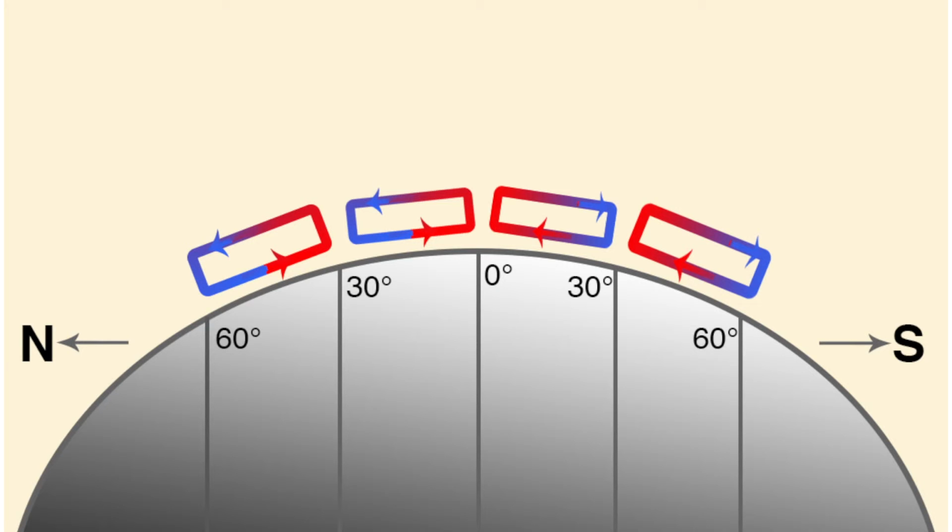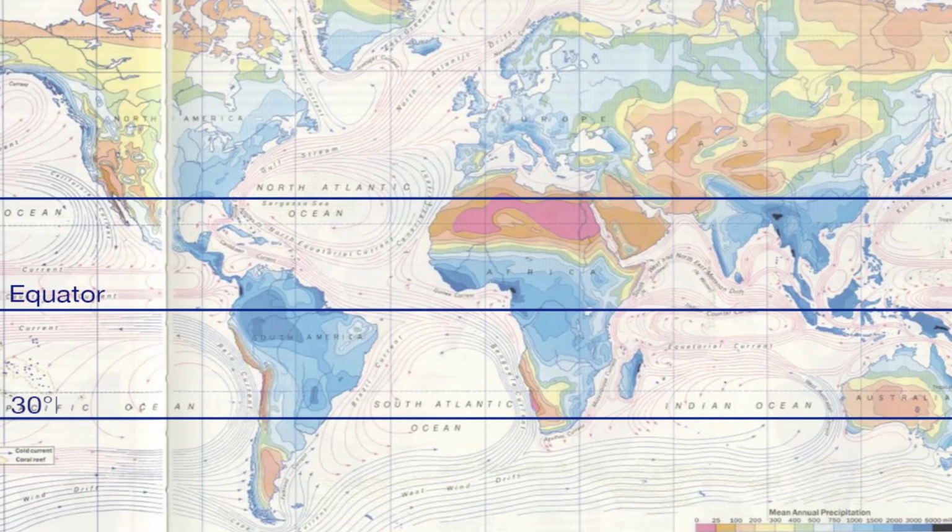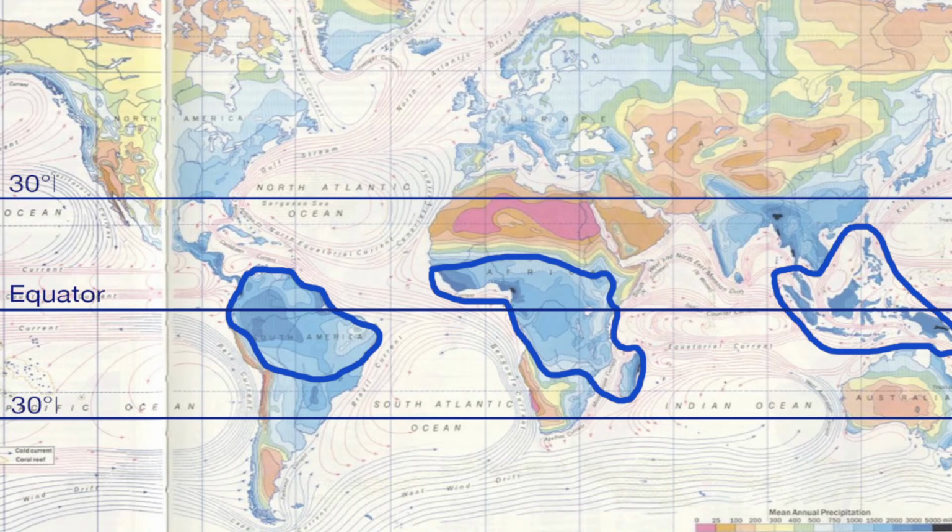For the evidence of this, let's look at a map that shows average annual precipitation around the globe. What this slide shows is that near the equator, in the Amazon River Basin, in Central Africa, and in Southeast Asia, it is exceedingly wet, shown here by the dark blue color.